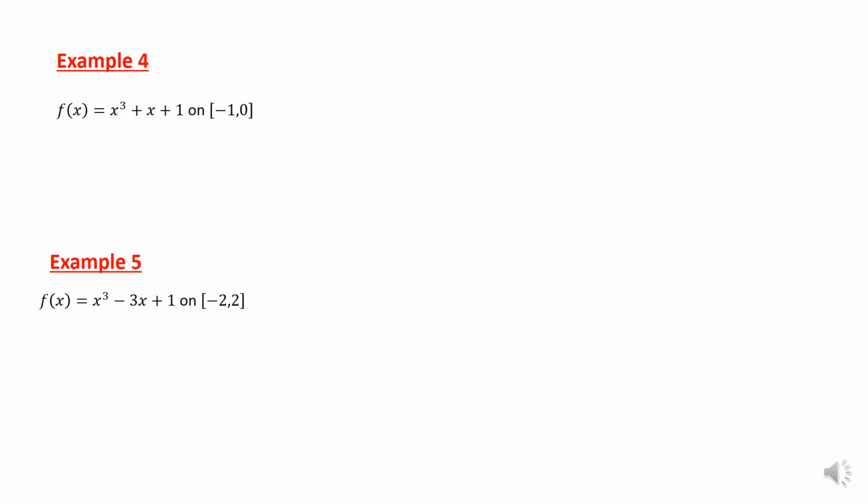So we will start with example 4. F of x is x cubed plus x plus 1, a polynomial, so sure f of x is continuous. This is the first condition of the theorem satisfied. Now let's find the values of f at the endpoints of the interval.